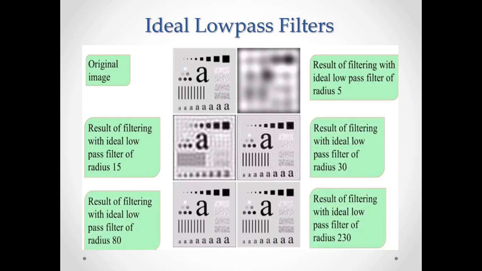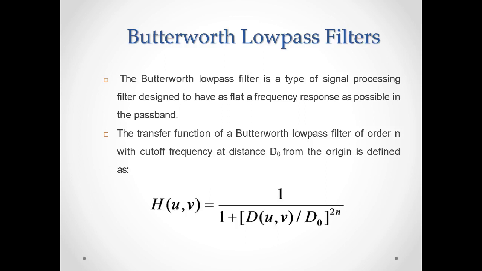The second type of low pass filter is the Butterworth low pass filter. The transfer function can be written as h of u comma v is equal to 1 divided by 1 plus d of u comma v divided by d naught, whole to the power of 2n.